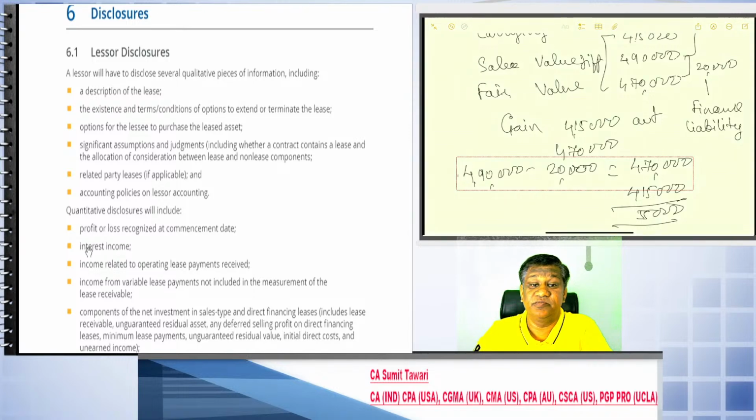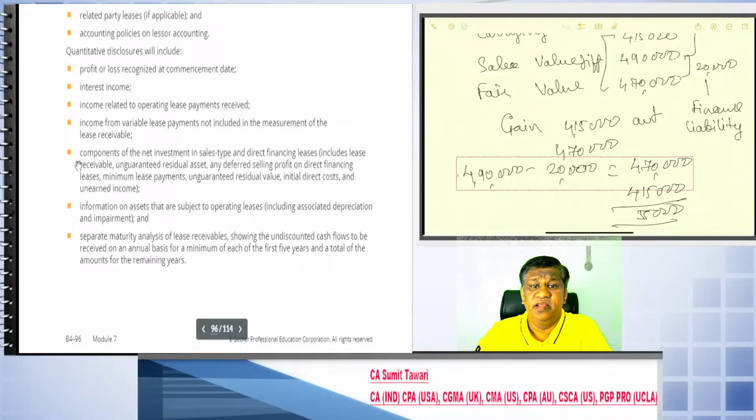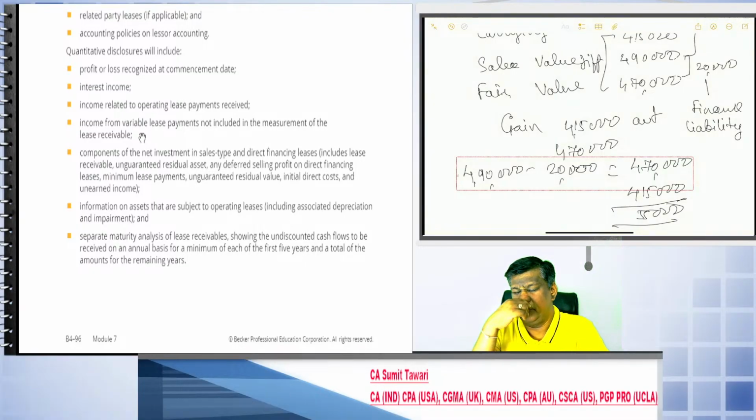Then quantitative: profit or loss recognized at the commencement date, interest income, income related to operating lease payments received, and income from variable lease payments not included in the measurement of the lease receivable. Means if there is a certain contingent payment which we have not considered because it is not probable to receive in the lease receivable calculation, then we need to show it separately.